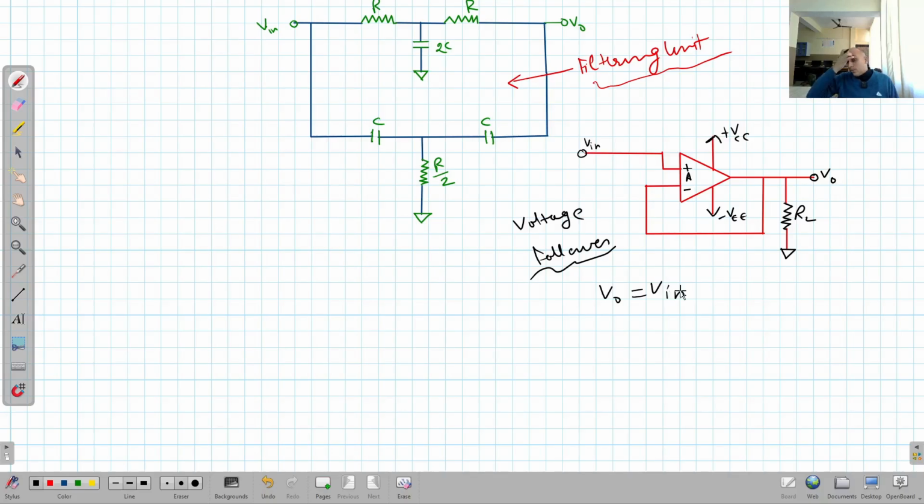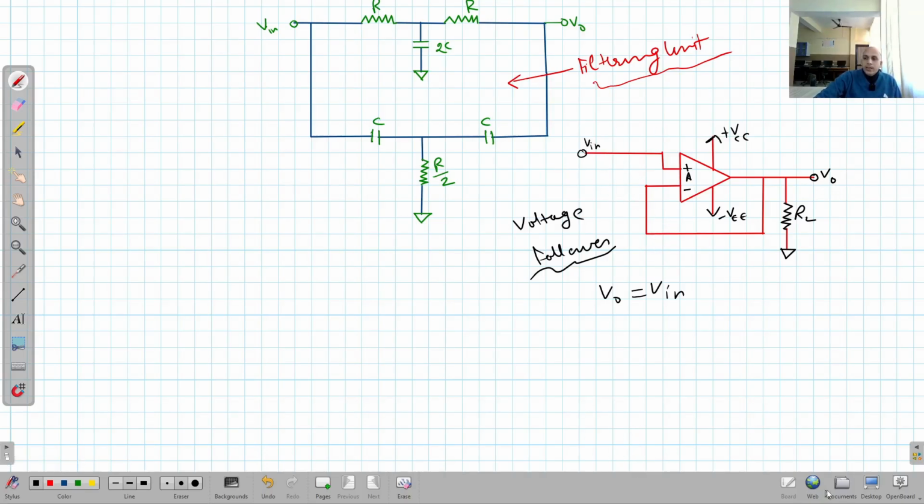The same voltage will appear at the output terminal without any loss, without any attenuation, without any reduction or increase in gain. Also it is working in the non-inverting mode, so the sign of the output and input will be the same.